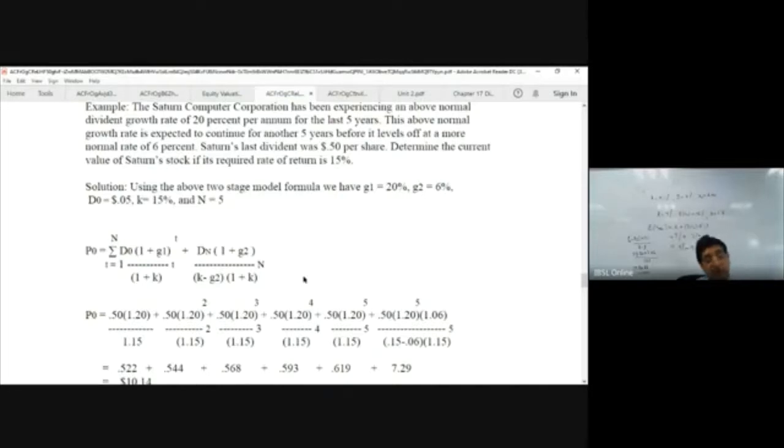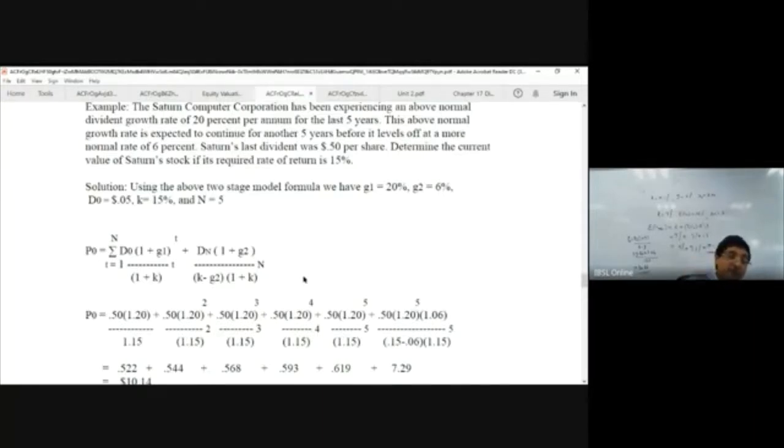I will repeat it. Now, first thing what we do is, under the higher dividend growth, we calculate the couple of years' cash flows and get the present value of that. The total has to be taken. Then we go to the end of the period and calculate the price at which the stock could be sold at the end of the period.